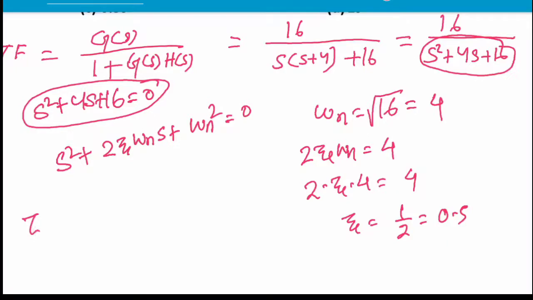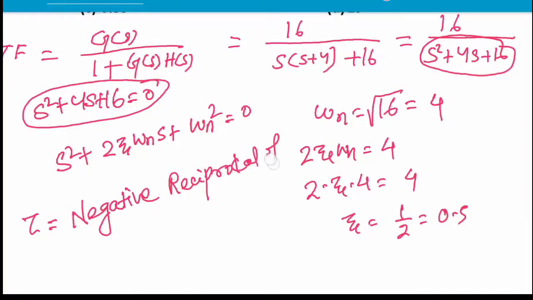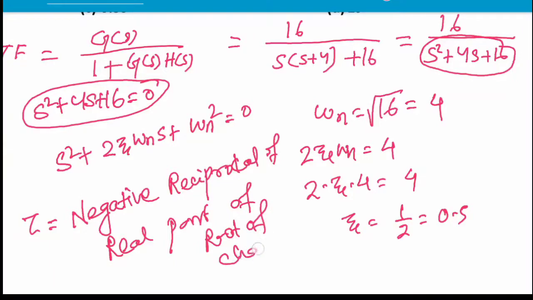The time constant is given by the negative reciprocal of the real part of the root of the characteristic equation.